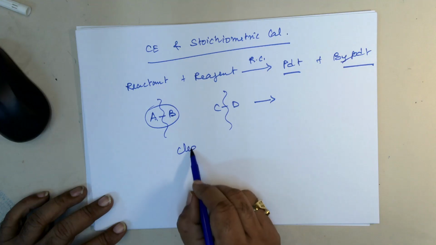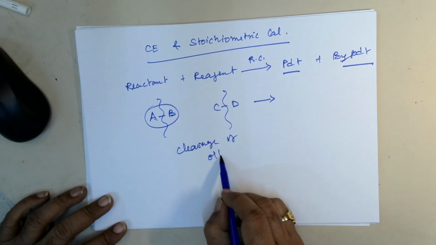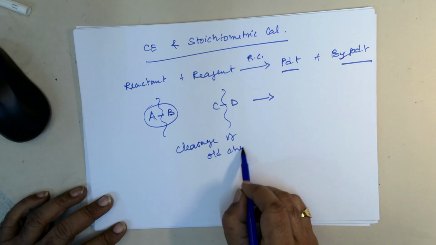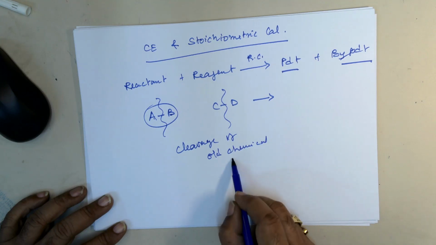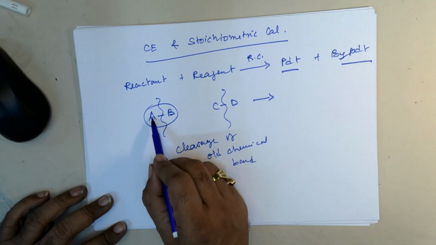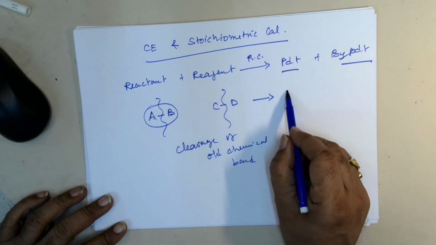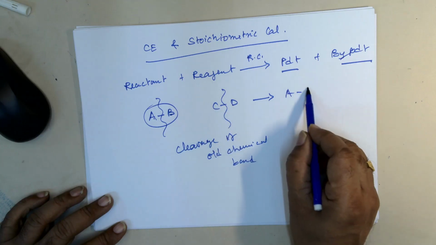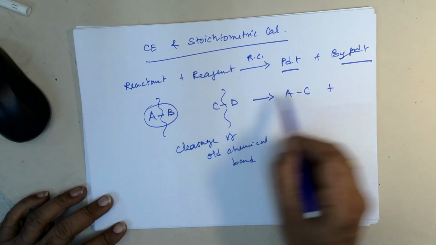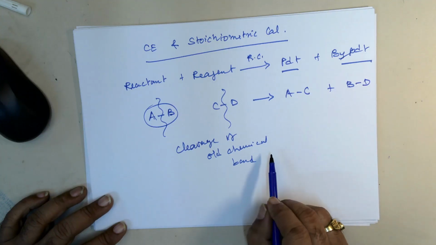So the cleavage of the old chemical bond, to form a new bond. For example, A is divided from B so that A can combine with C. Similarly, B can combine with D to form another product like this.